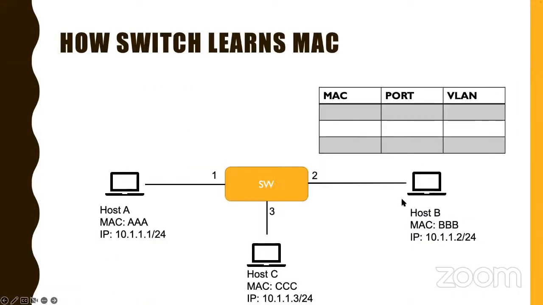Okay, let's now see. For example, this is our topology. From this switch, on 3 ports, we have connected host A, host B, and host C. All of these have, let's say, the MAC addresses AAA, BBB, and CCC, and these are their respective IP addresses.